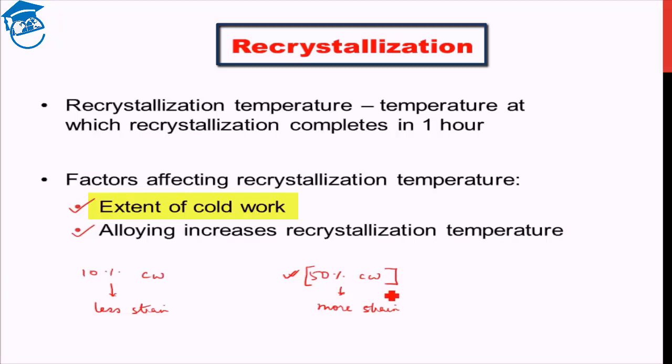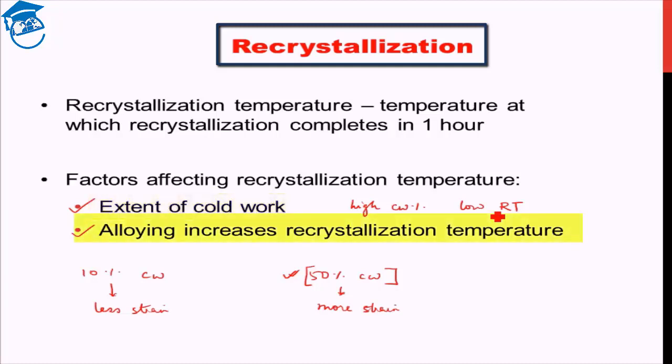More cold work means easier to recrystallize. Therefore, even at lower temperature, more cold worked material recrystallizes. So high cold work percent, low recrystallization temperature. Okay, and the second criteria was alloying.